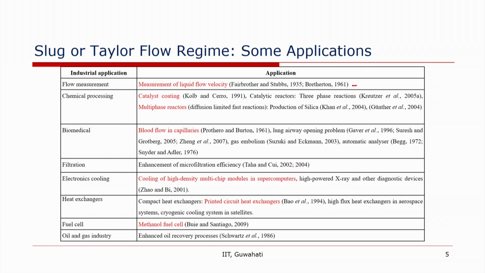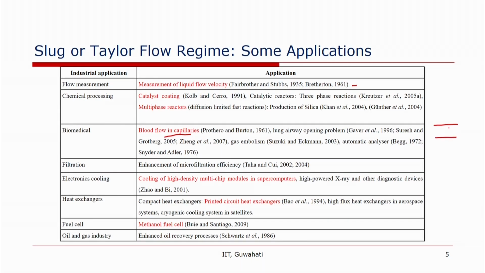In biomedical applications, blood flow in capillaries, as I said, can mimic the same problem of RBC flow in microcapillaries. Then there is the lung airway opening problem. In the lungs, there is mucus surrounding the walls of the alveoli, and sometimes the mucus forms a liquid plug, and this interface looks like a Taylor bubble.